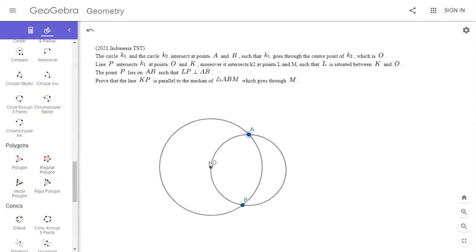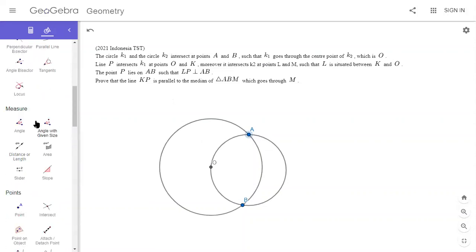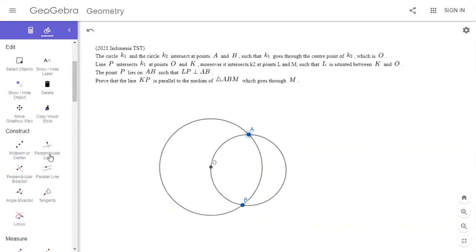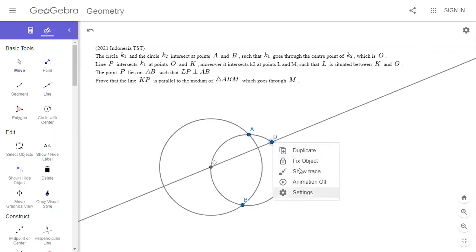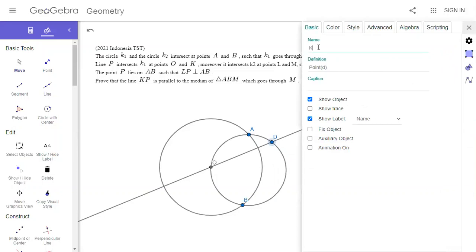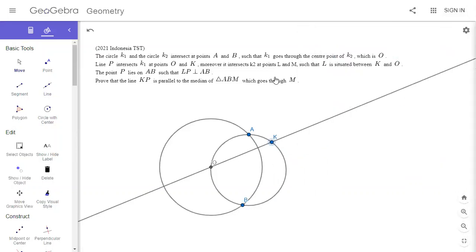Line P intersects that circle at O and K. Let me draw that line. So I can call that point K. And it also intersects K2 at points L and M. So L is this point, and M is that point.